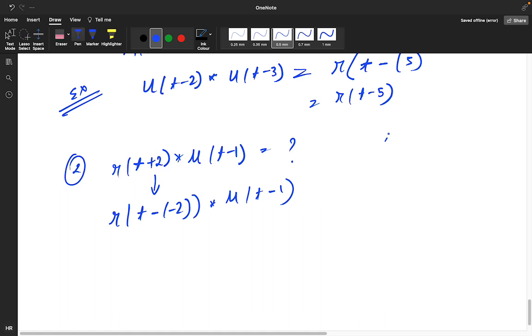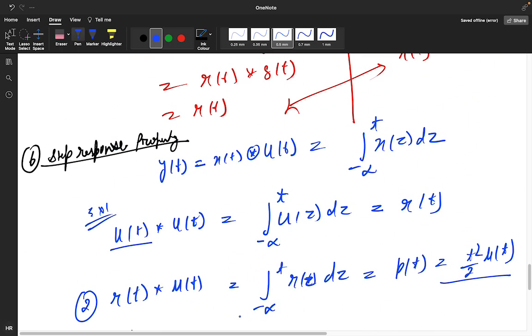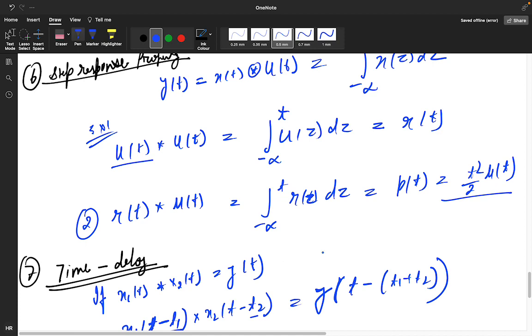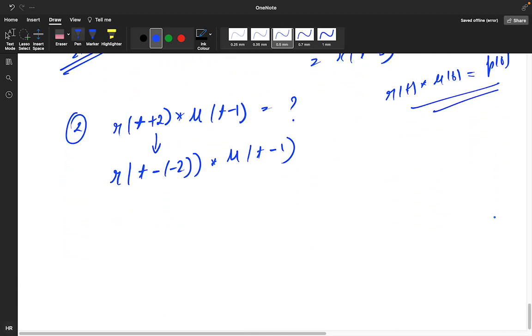So you know that r of t convoluted with u of t will give you the parabolic signal, as we discussed here. So directly write like this: the parabolic signal will come, p of t minus 1, it will become plus 1.